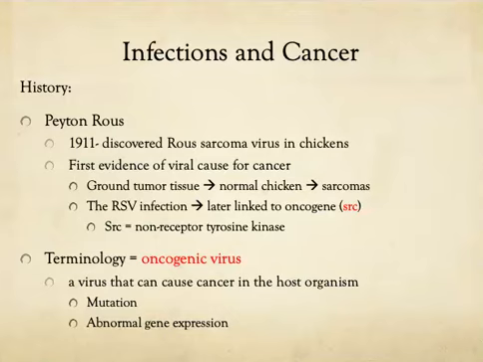Rous discovered what would become called the Rous sarcoma virus. And this was actually a veterinary discovery because this is a virus that occurs in chickens. This was the first evidence that a viral infection could lead to cancer.